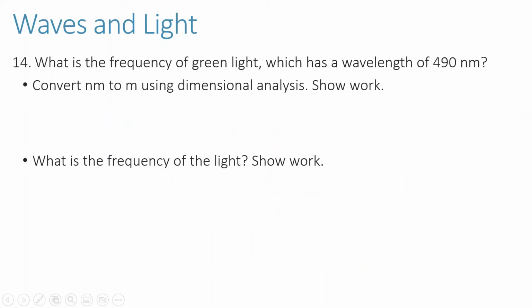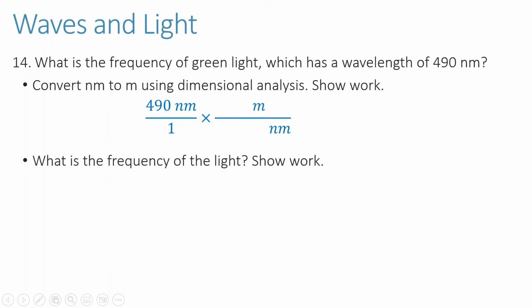So first thing I need to do here is convert the 490 nanometers into meters. So this is a good opportunity for us to practice dimensional analysis. I want to convert nanometers to meters, and I can do that in just one step. I'm going to put nanometer on bottom and meter on top.